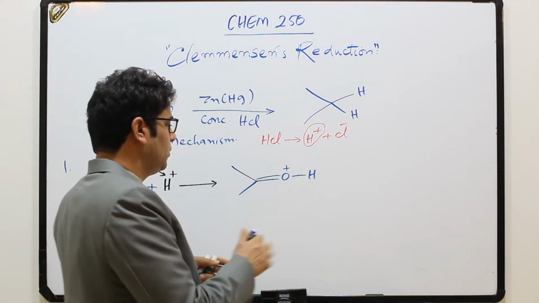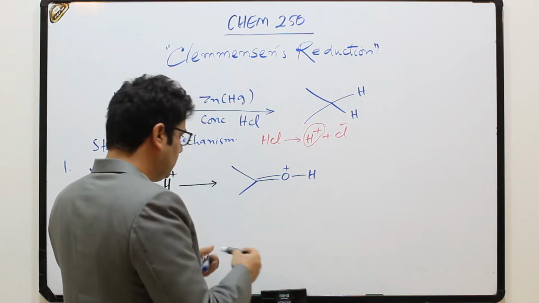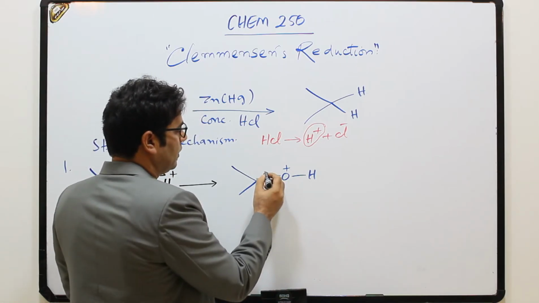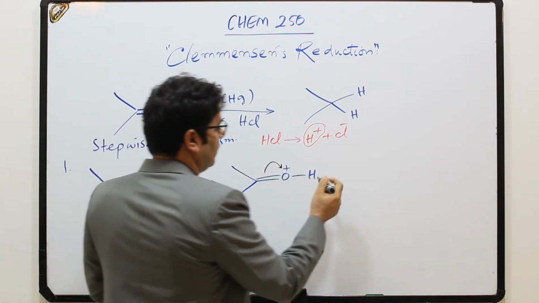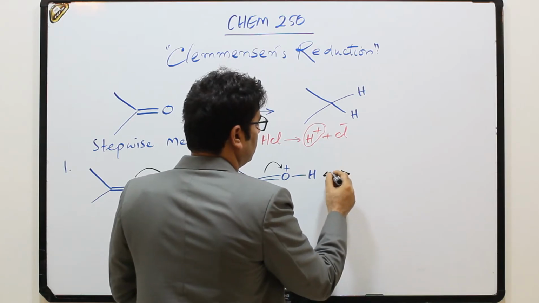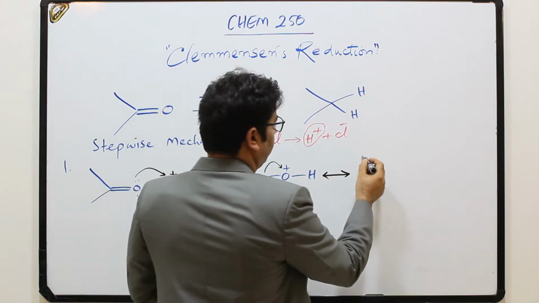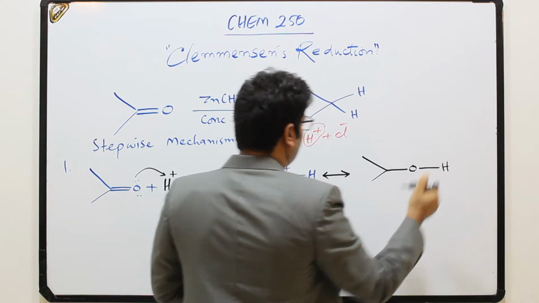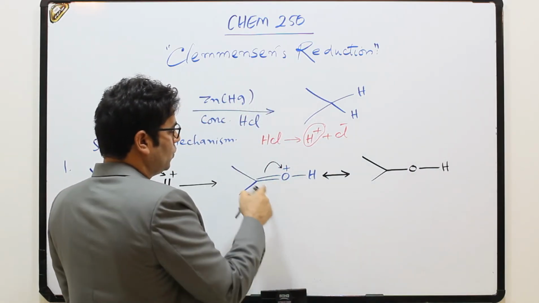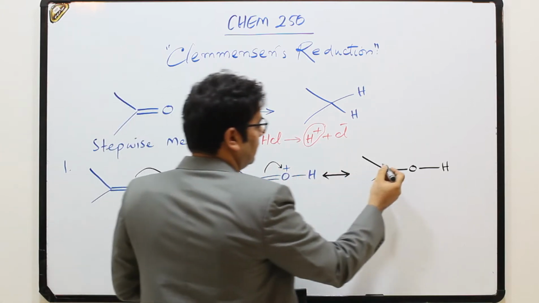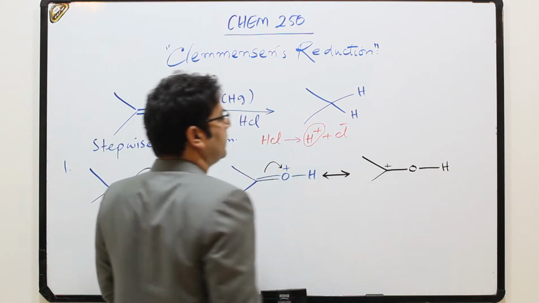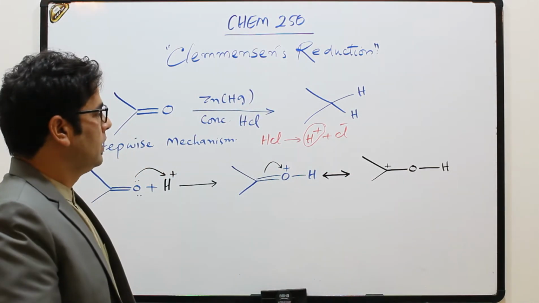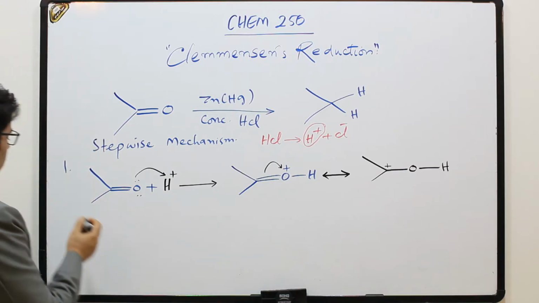It is trying to rearrange and is forcing this bond to break down, going this way. So now we have a positive charge on carbon. This is carbocation formation of this molecule. This is step number 1.